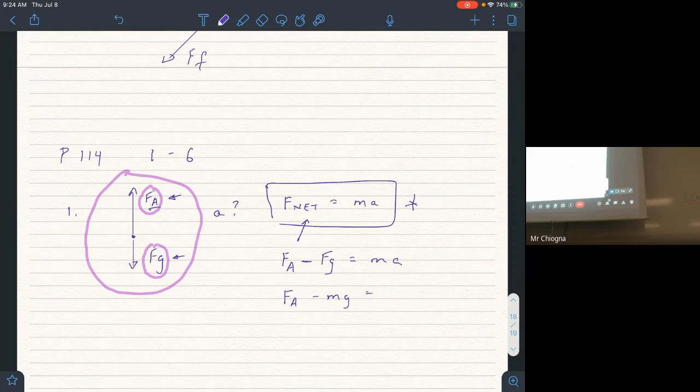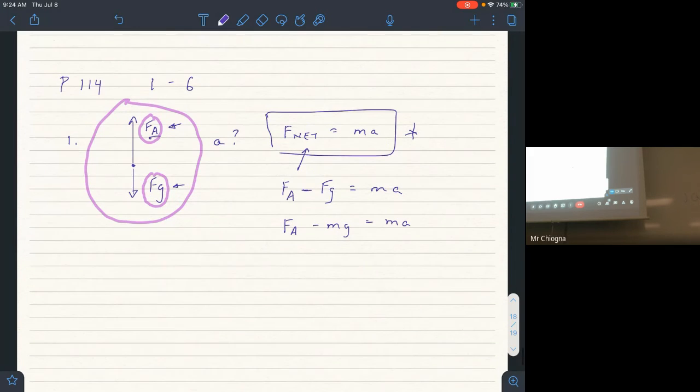Fg is always mg. I'm dividing both sides by m. Put a line under both terms. The m's will cancel out on the right. You get this.